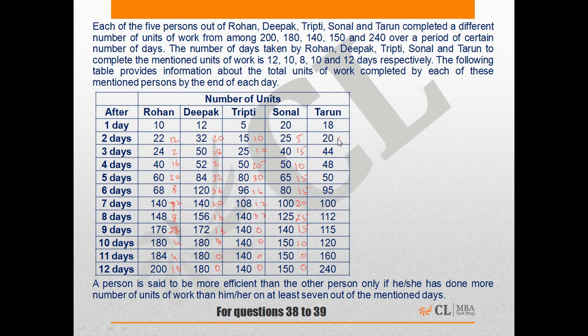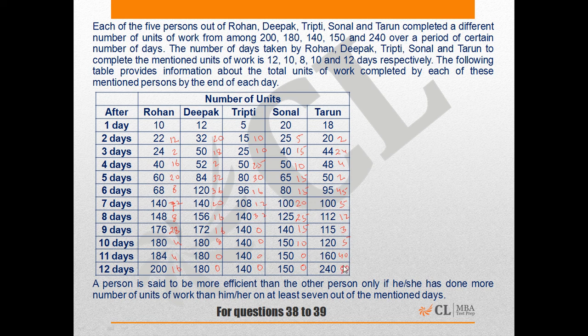For Tarun, it is 2, 24, 4, 2, 45, 5, 12, 3, 5, 40 and 80.